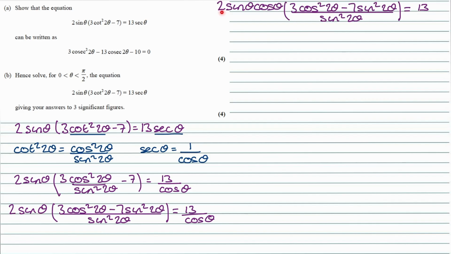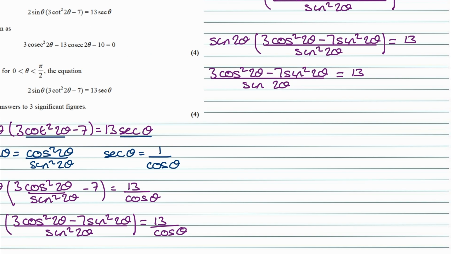Can you see that the 2 sine theta cos theta simplifies to make the sine 2 theta? And now this term will cancel with the squared. So we're left with a division of sine 2 theta. And we can move this now over to the right-hand side.